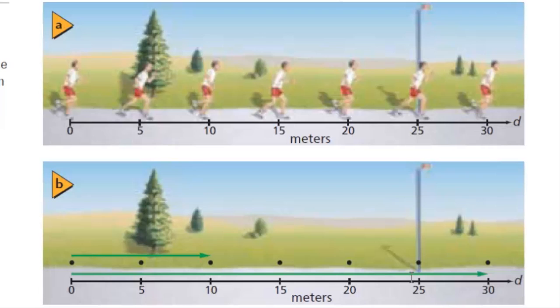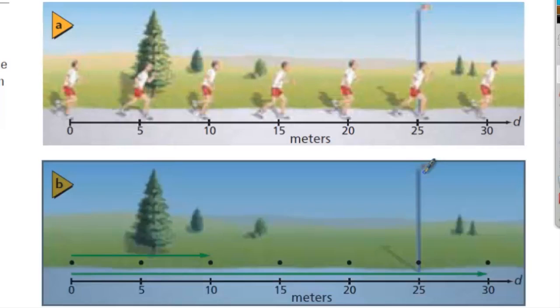So we can compare the runner's location to the origin using an arrow, which indicates position. Position is just a separation between the object and the origin, and the length of the arrow represents the distance from the origin. So in letter B, you see 2 different arrows. You see one arrow at the top, if you can see it, it's green.